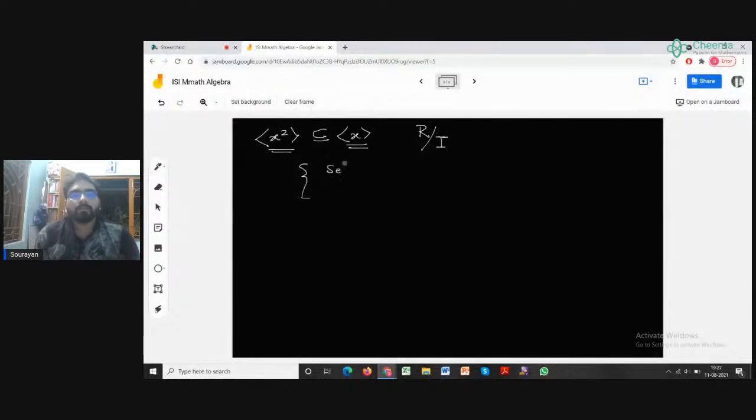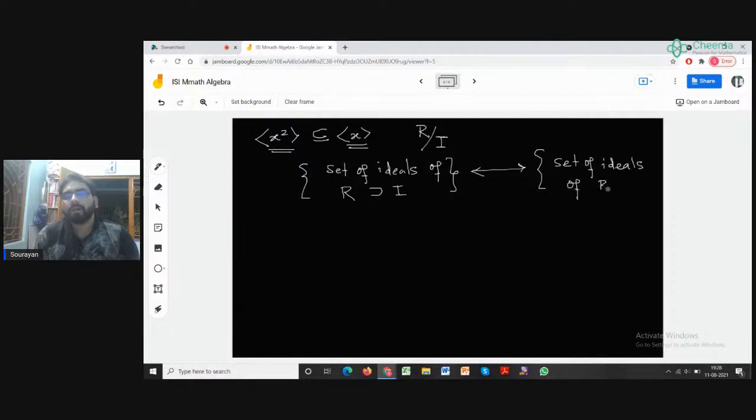So the set of ideals of R that contains I has a direct set theoretic bijection with the set of ideals of R mod I.